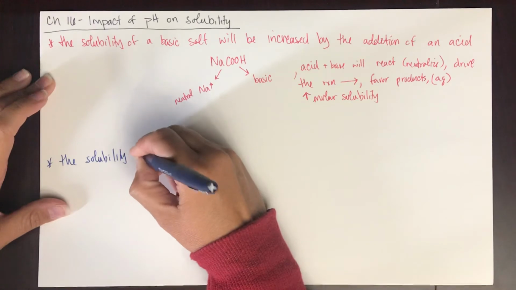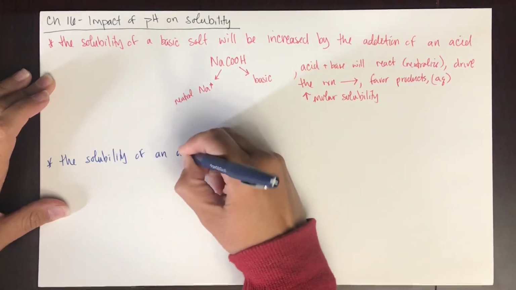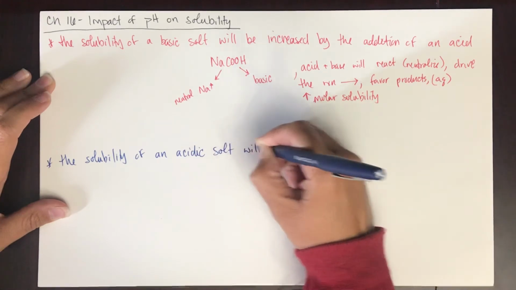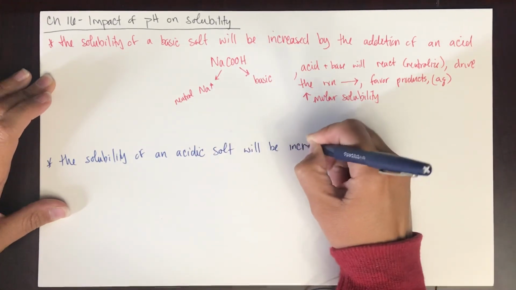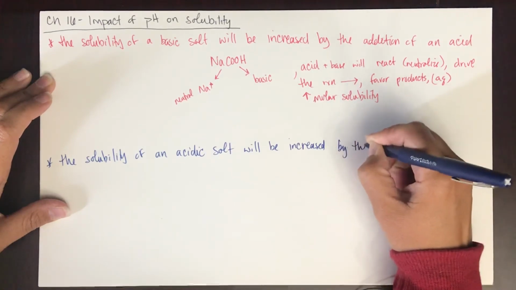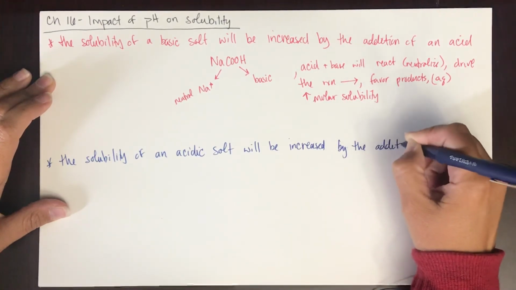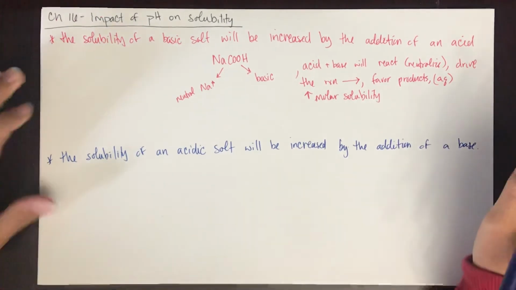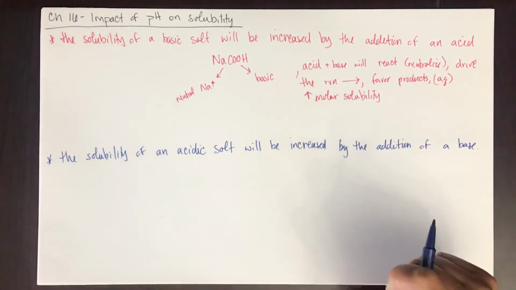The solubility of an acidic salt will be increased by the addition of a base. So let's look at an example of that.